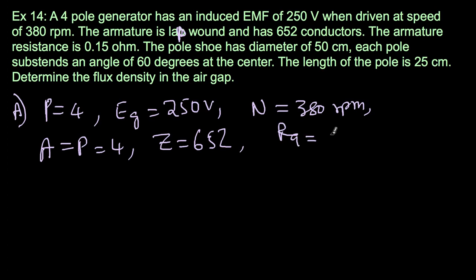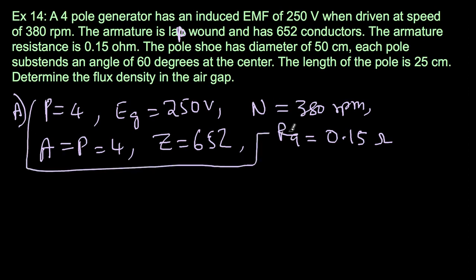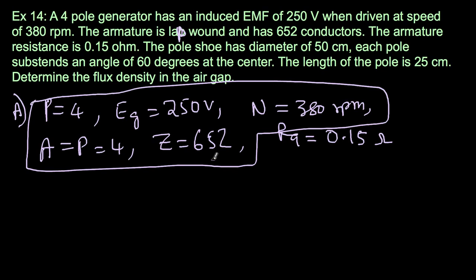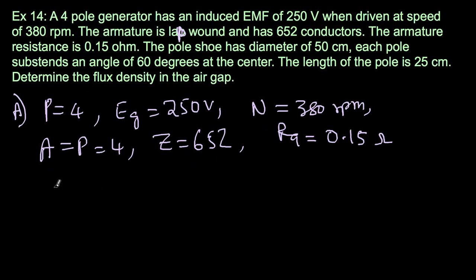So the moment you see armature resistance, that means the problem is going into electrical parameters. So first, given all these things, I can immediately see that with this information, I can find the flux. So flux per pole is how much?